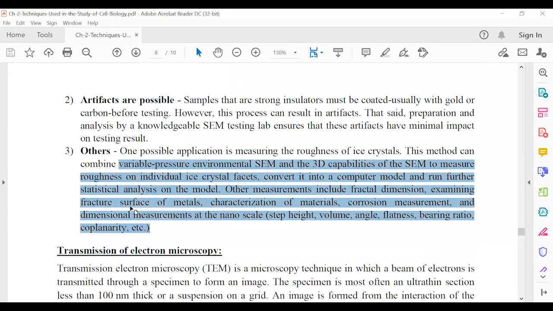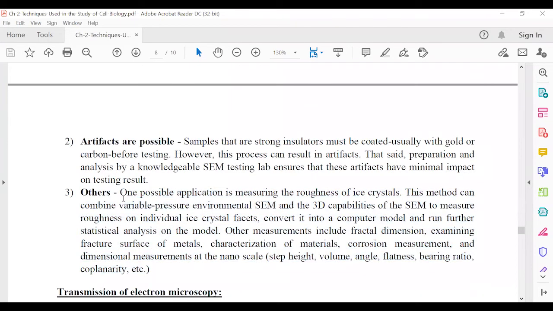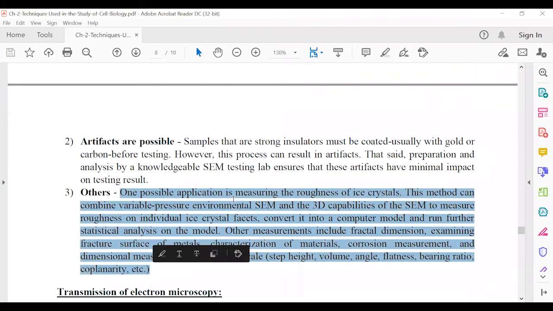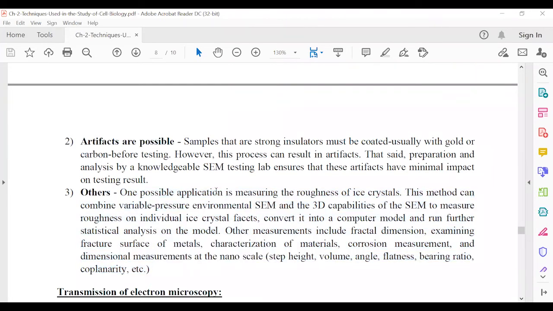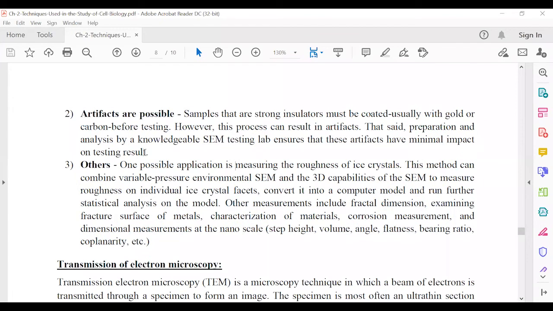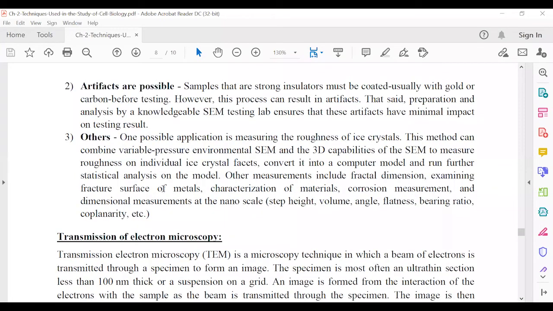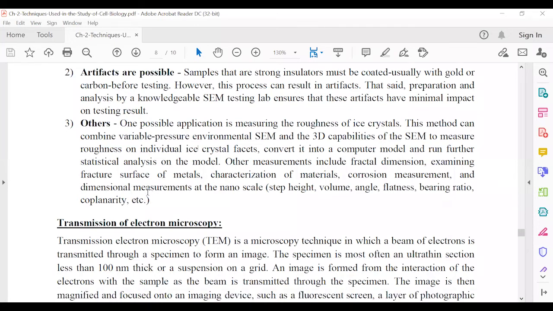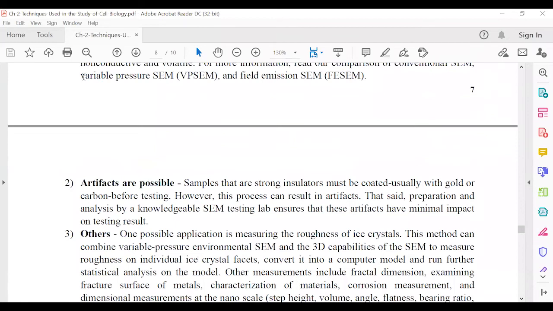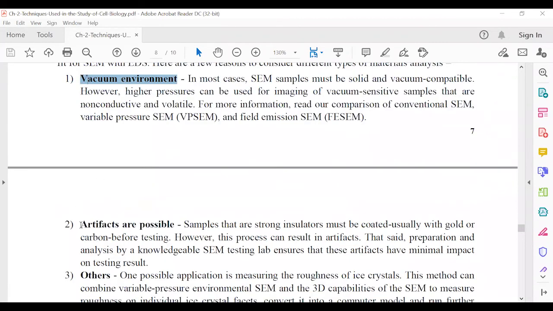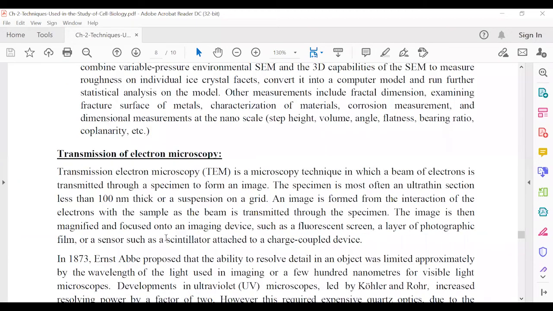You will read this area as application in scanning electron microscopy. I will replace this point under application and send you a new sheet. So the disadvantages are only the vacuum environment and artifacts being possible. Just two options are disadvantages.